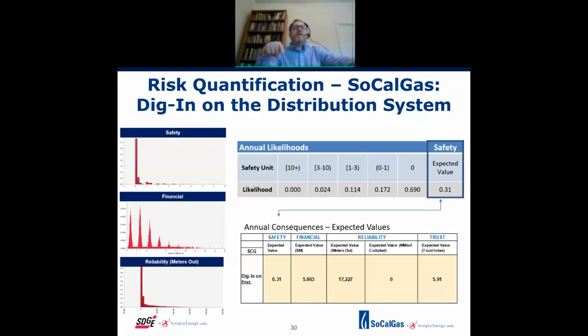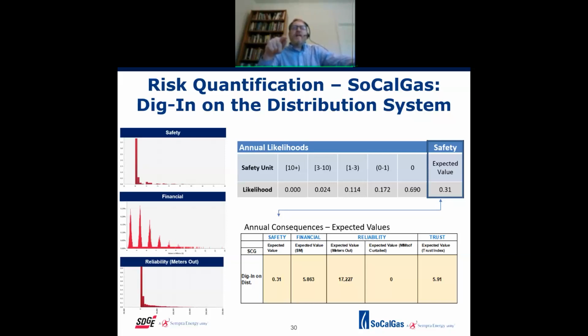What we're showing here is, in a given year, what do we think the annual likelihood of people getting hurt is? And we put it into buckets. I just want to walk through that briefly to show you what kind of analysis we've undertaken. In this top table called annual likelihoods, where it says safety unit 10 plus, with the odd bracket on the side, that's a math way to say it's greater than or equal to 10.